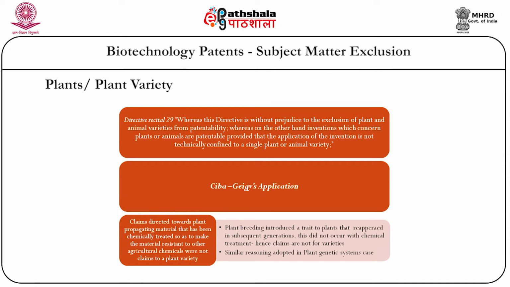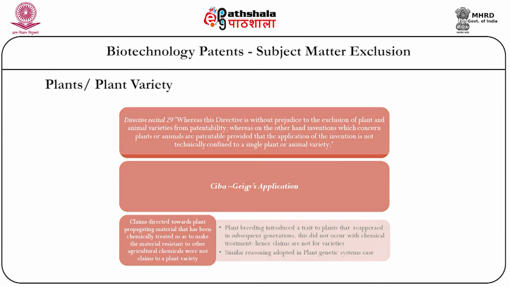Now, plant breeding introduced a trait into plants that reappeared in subsequent generations. This did not occur with chemical treatment, hence the claims are not for plant varieties. That was one of the contentions. Similar reasoning was adopted in the Plant Genetic Systems case.